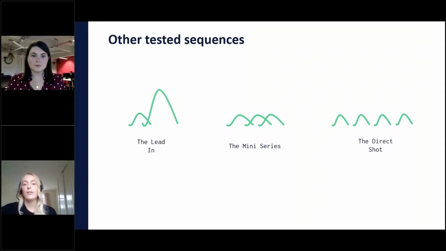So the viewer cannot see the next video until they've watched that previous video and so on. And it's just a really nice way to tell that brand story. Very similar is the direct shot, similar to the mini series, but the direct shot is literally just taking a traditional TV ad and splitting it up and running it with 6-second bumpers on YouTube.